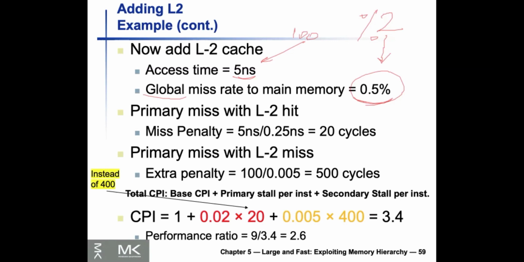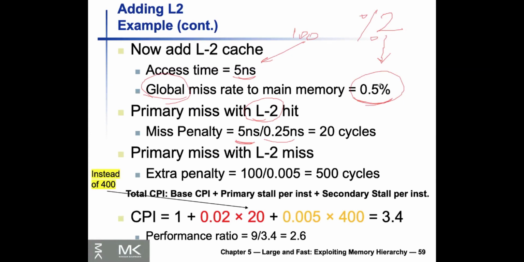Now, if you want to compute the primary miss rate for L2 itself, because this was the global miss rate, on the case that both L1 and L2 missed, you can easily compute it. The access time of L2 is 5 nanoseconds, and you divide it by 0.25 nanosecond, which is 20 cycles.